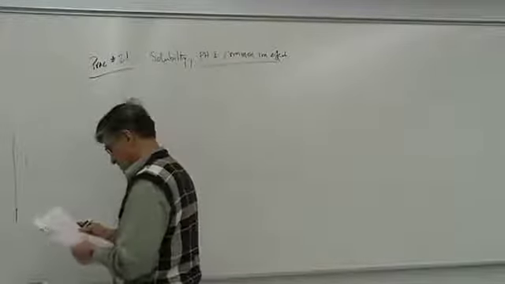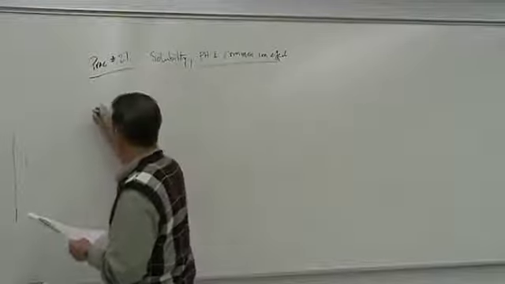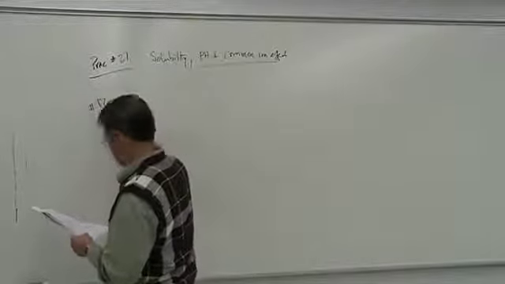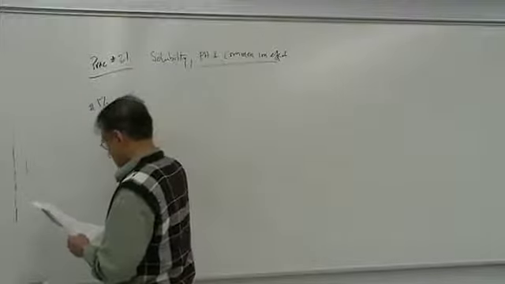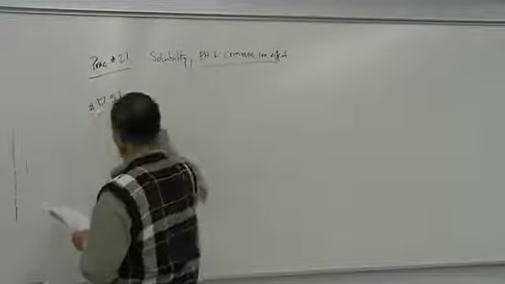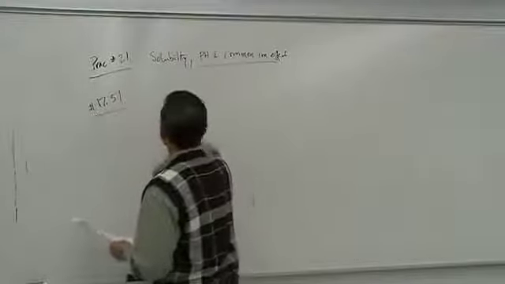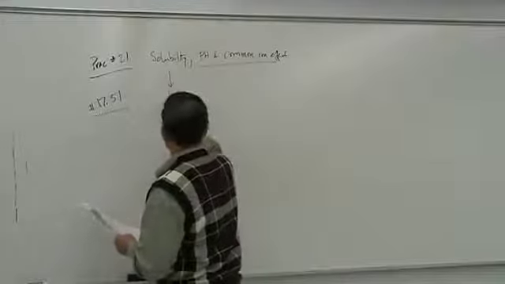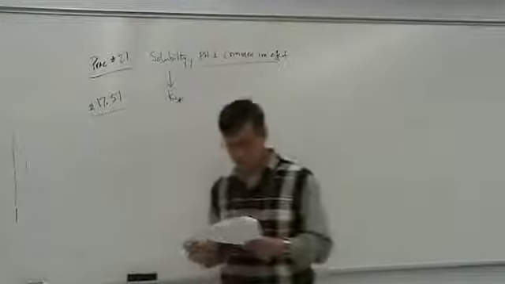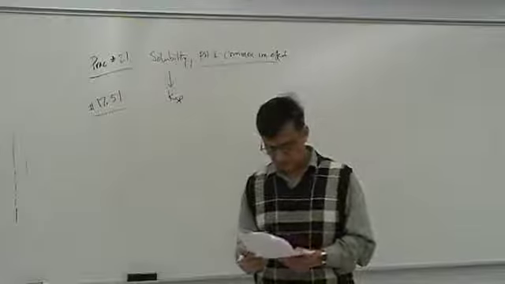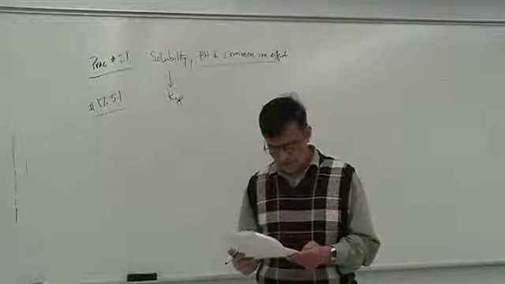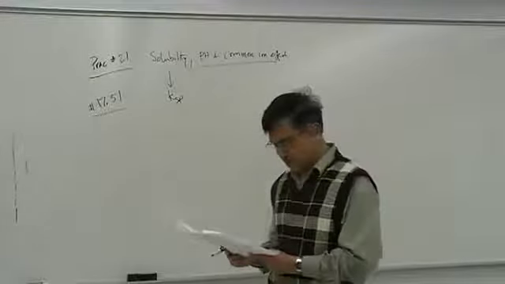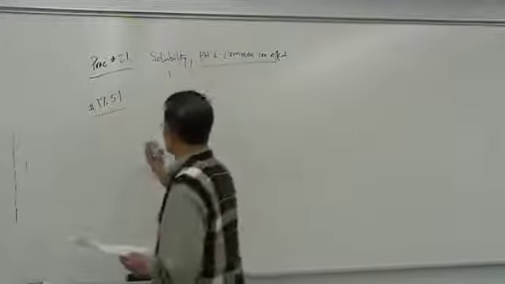I picked this problem from the book, number 17.51. What we're going to calculate is, from solubility, the KSP, the equilibrium constant, SP for solubility product. Let me write down what is given in this problem.